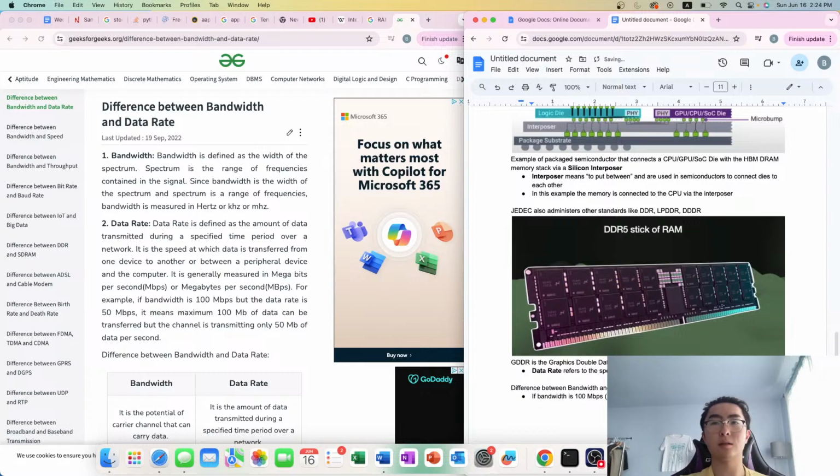It means the maximum of 100 Mb, so that's 1,000,000 bits, not bytes, and 100 million bits of data can be transferred, but the channel is transmitting only 50 Mb of data per second.